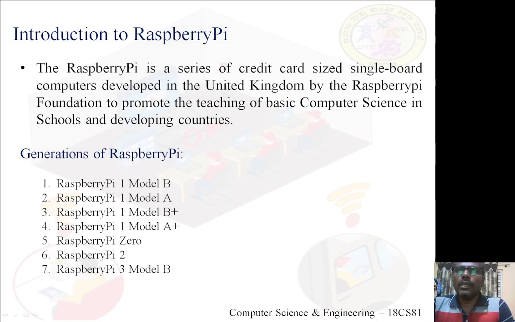Clear? So hope you came to know what Raspberry Pi is. It's a credit card sized single board computer developed in the United Kingdom by the Raspberry Pi Foundation, initially to promote teaching the basics of computer science in schools and developing countries.